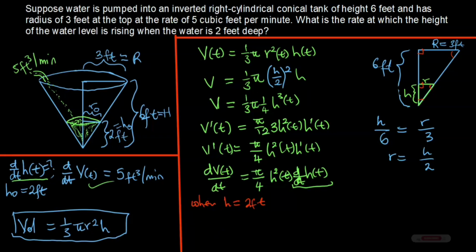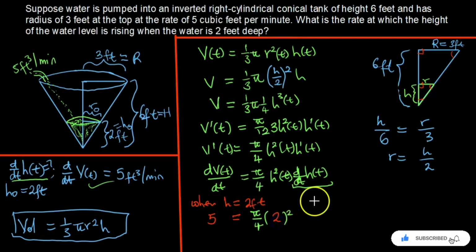Sorry, 5 cubic feet per minute is the same thing as pi over 4, then h squared. But h itself, that is a situation where h is 2. You substitute 2 for h. That is 2 feet. Then you multiply it by what we don't know yet.